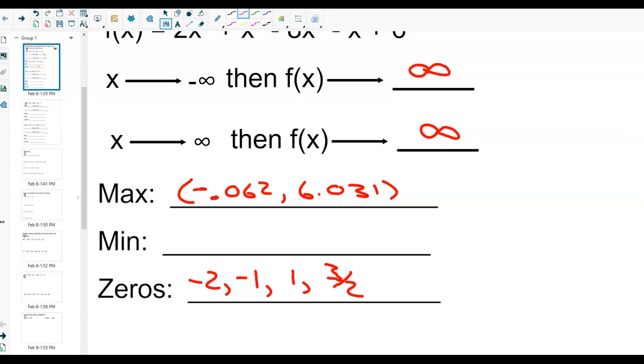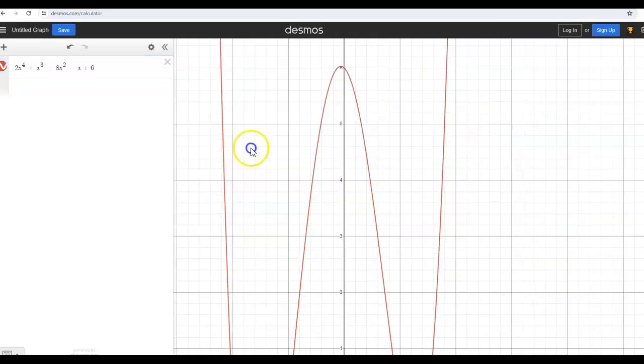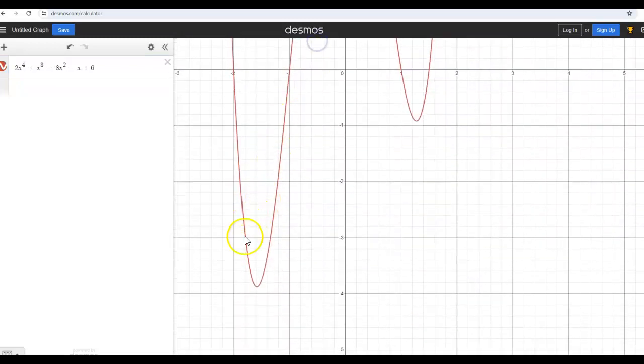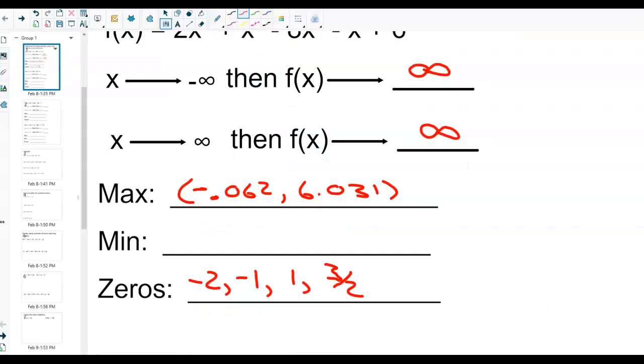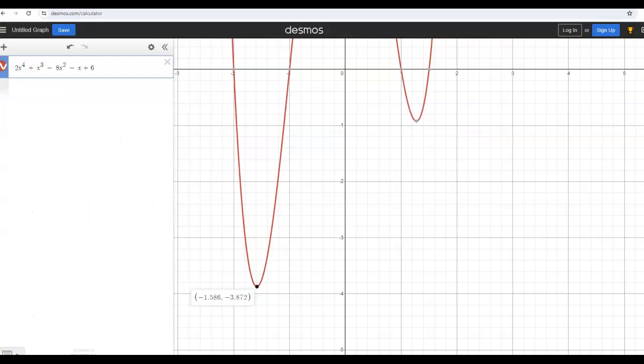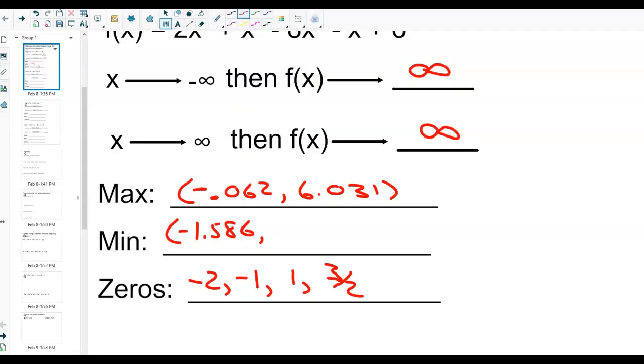Now with this type of problem, I'm going to have two minimums, and I need to write them both down. I come down here, my first minimum, -1.586, and the y term that goes with that is going to be -3.872.